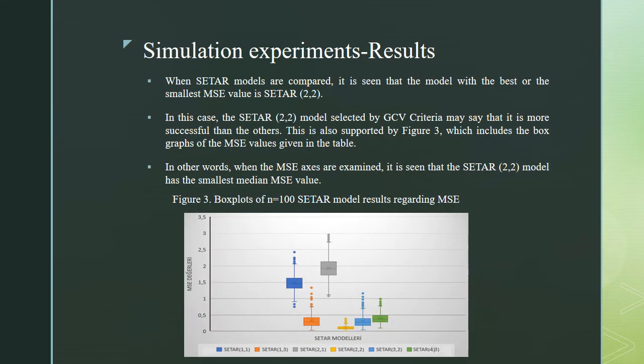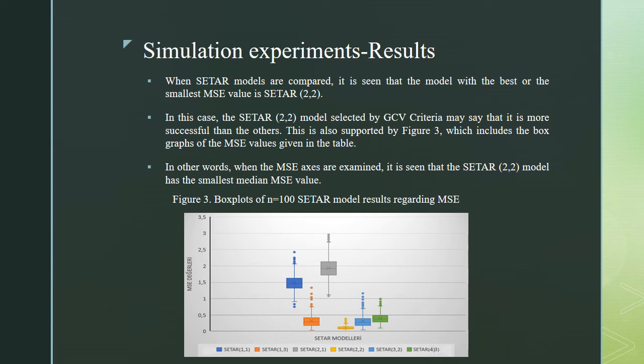Setter models are compared and it is seen that the model with the best or the smallest mean square error value is setter 2. In this case, the setter 2 model selected by generalized cross-validation criteria may be said to be more successful than the others.